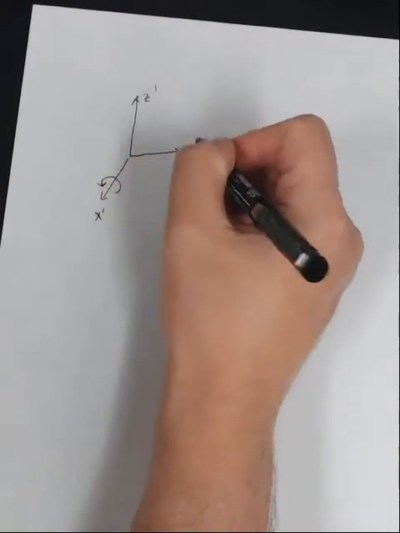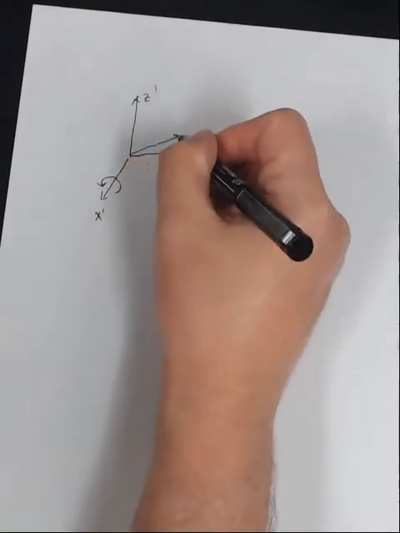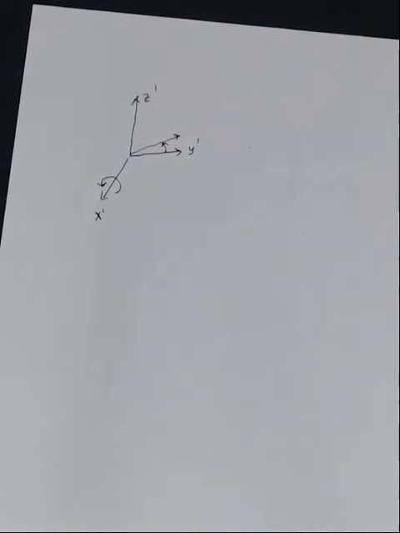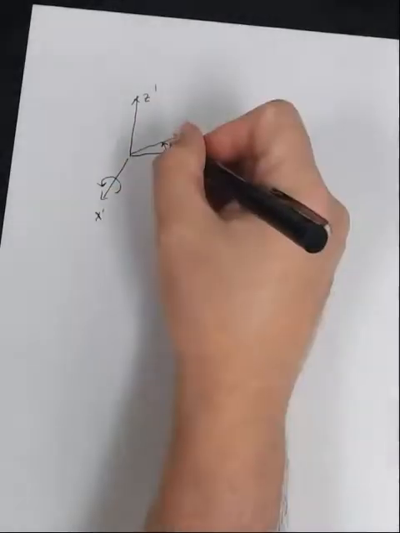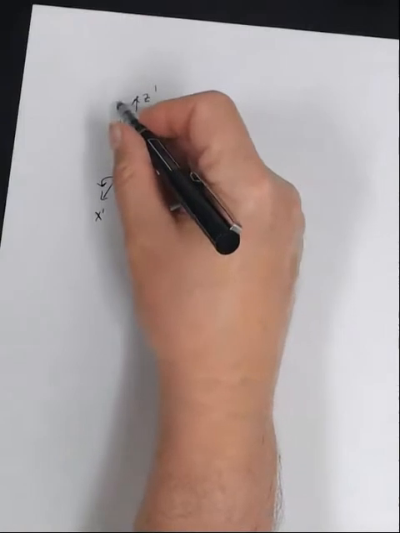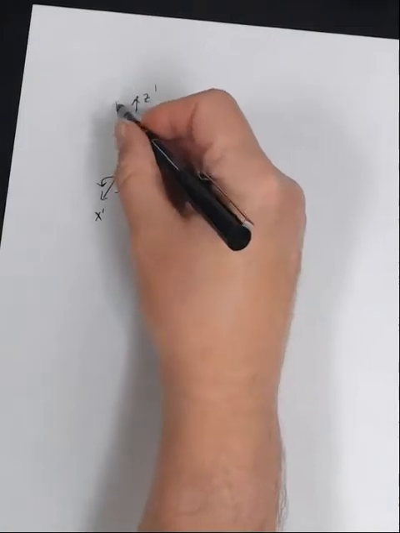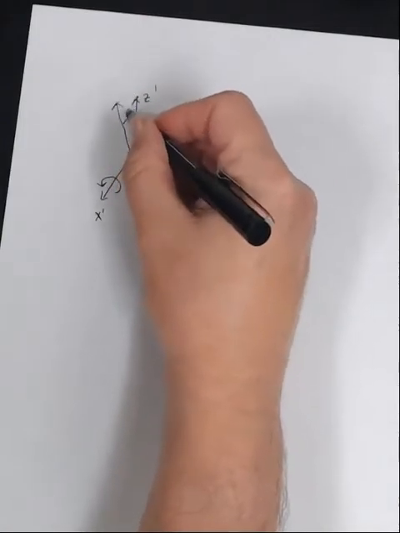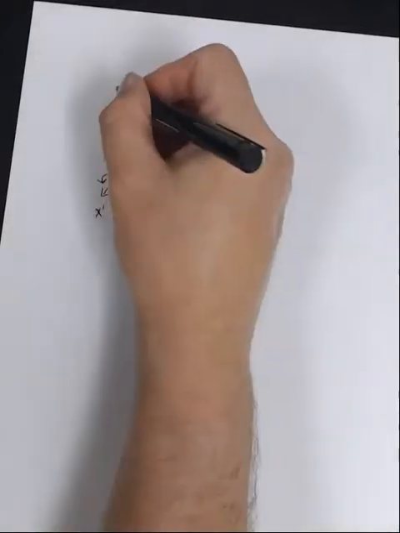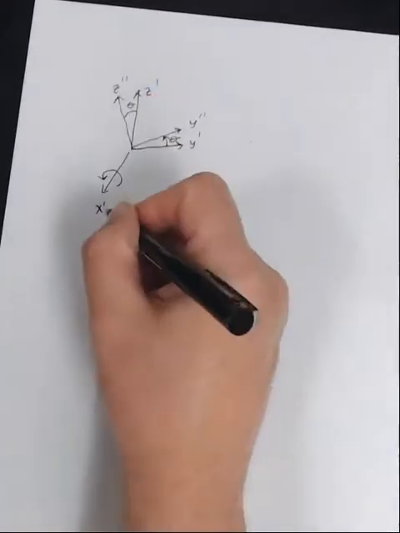So what's going to happen is your y is going to come up this way, and let's call that angle theta, and the z goes over this way by theta. So this is going to be now your y double prime, z double prime, and your x stays the same.